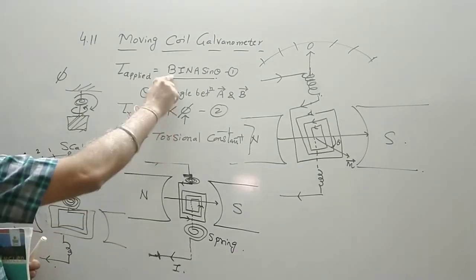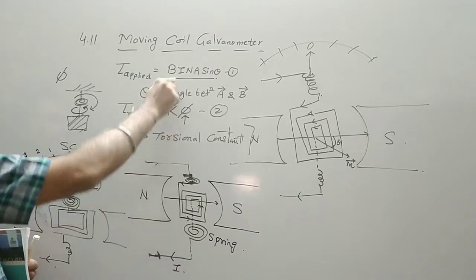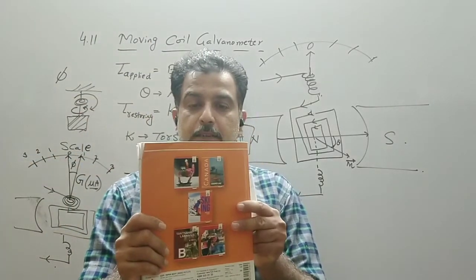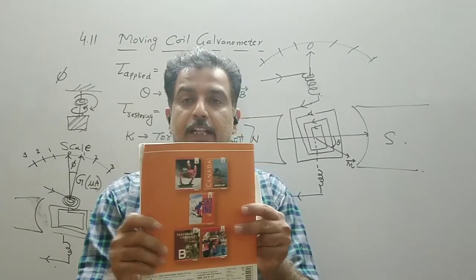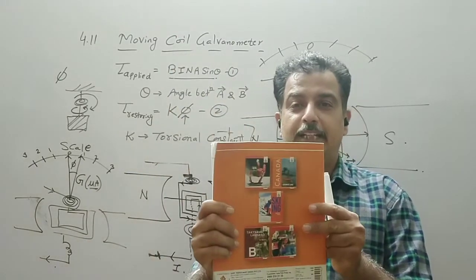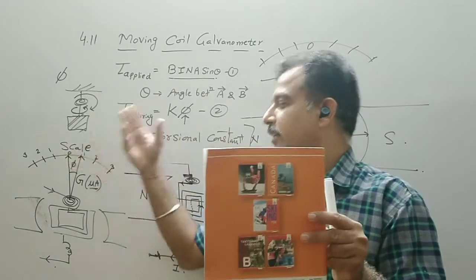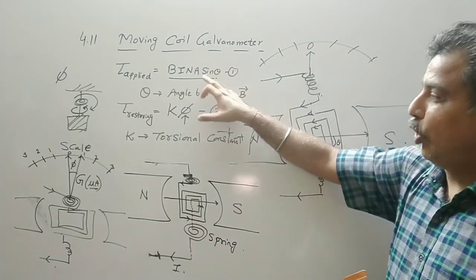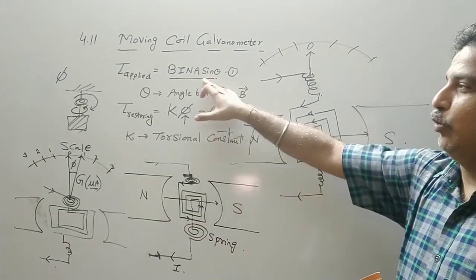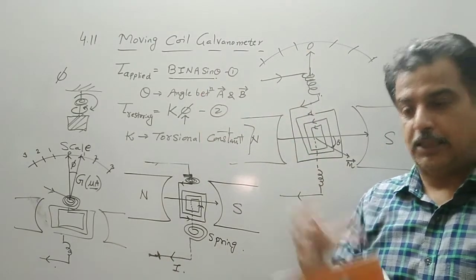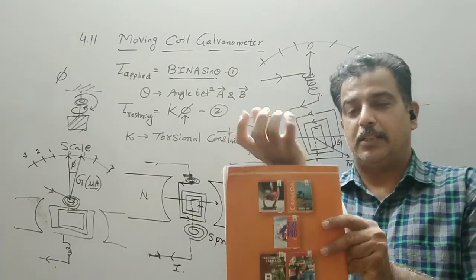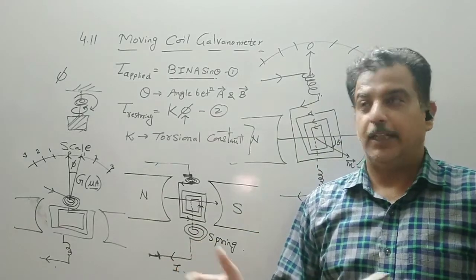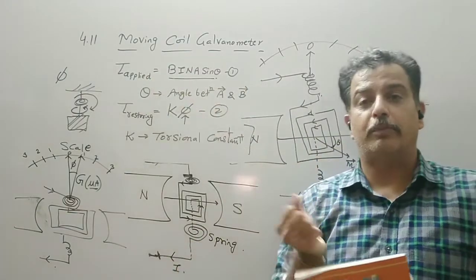So when these two become equal, suppose after rotating, the angle of twist is 15 degrees, then the restoring torque is equal to the applied torque. The spring is now compressed; one spring is compressed, the other opens up. As soon as the current is switched off, the current becomes 0 and the applied torque becomes 0.